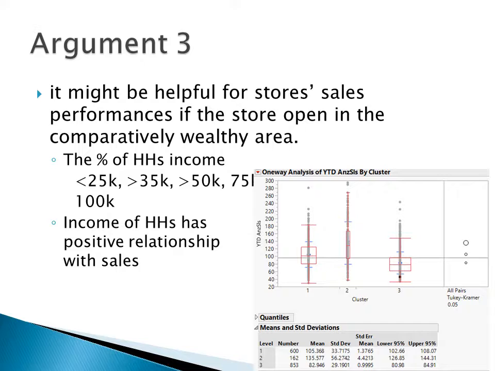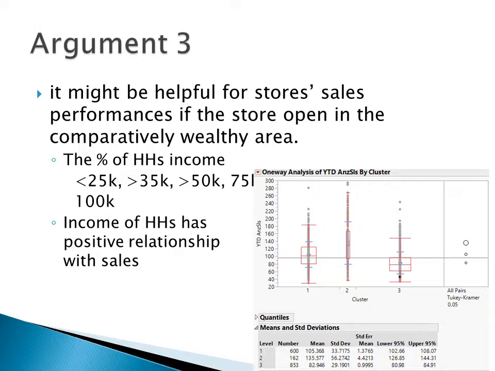I analyzed variables like the percentage of household income below 25,000, higher than 35,000, higher than 50,000, and higher than 100,000. I found that the percentage of higher household income has a positive relationship with sales.